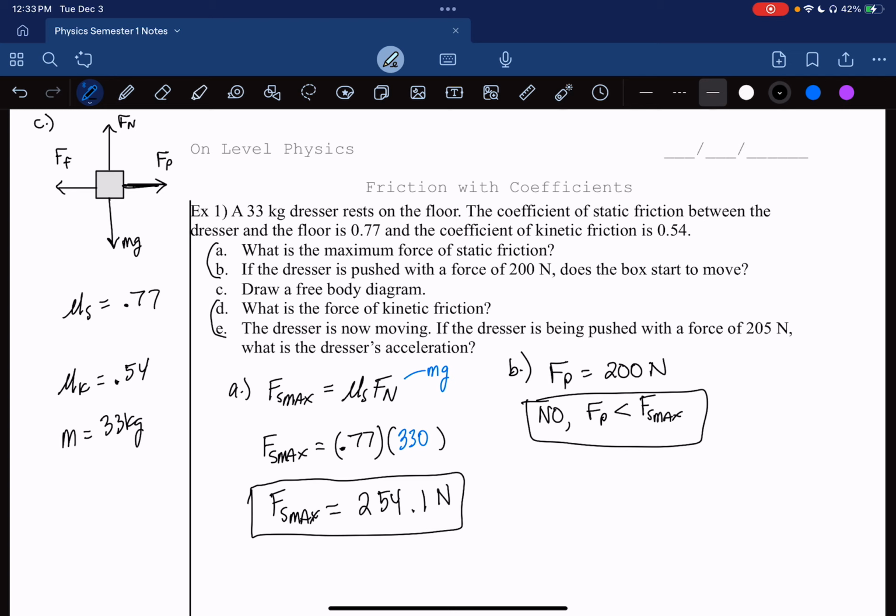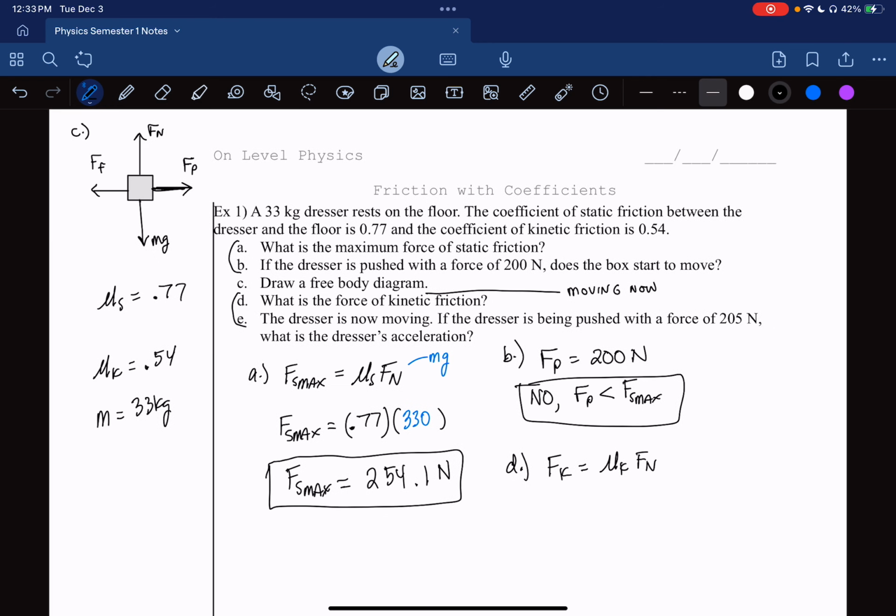Let's do part D and E. Let's suppose now, for the second part, that it's moving. So forget about whether it will or will not move. Let's say we push with enough force that it's moving now. Just plain and simple, just moving. Now that it's moving, let's calculate the kinetic friction force, which is mu sub k times Fn, and nothing has changed about Fn, that's still mg.